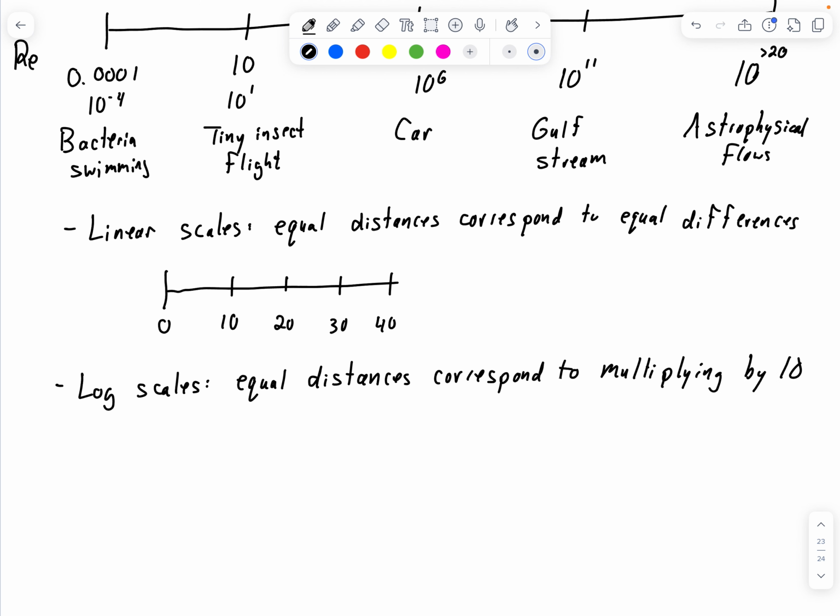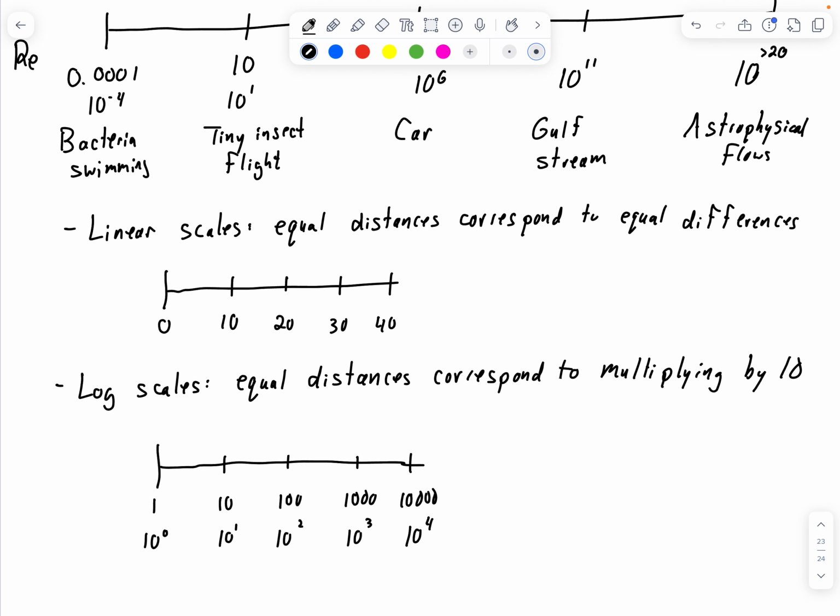All right, so if we again start with our scale here, we'll start with 1, multiply by 10, we go to 10, multiply by 10, go to 100, multiply by 10, go to 1,000, multiply by 10, go to 10,000, etc., etc. So correspondingly, we'd have 10 to the 0, 10 to the 1, 10 to the 2, 10 to the 3, 10 to the 4, etc.